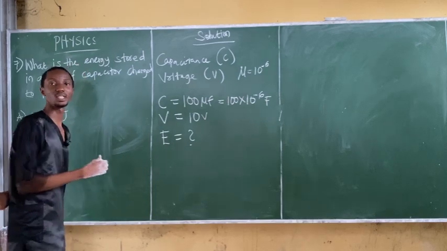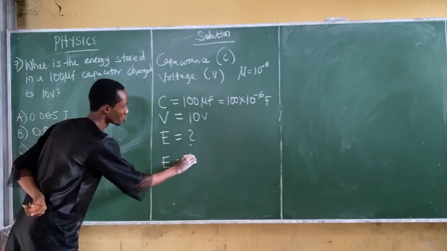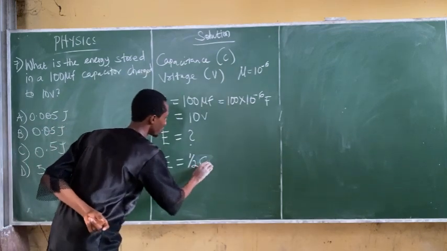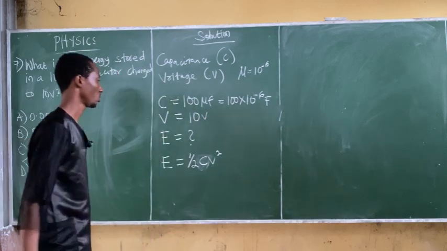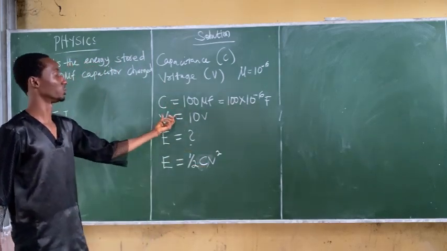Recall that the formula for energy stored in the capacitor is given as E is equal to 1 over 2 CV squared, where C stands for the capacitance and V stands for the voltage.